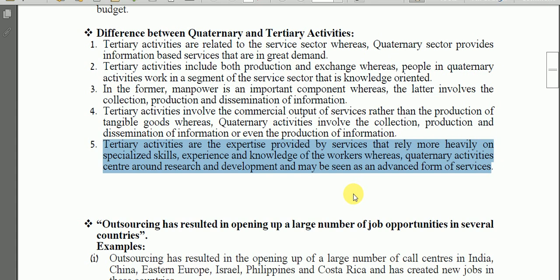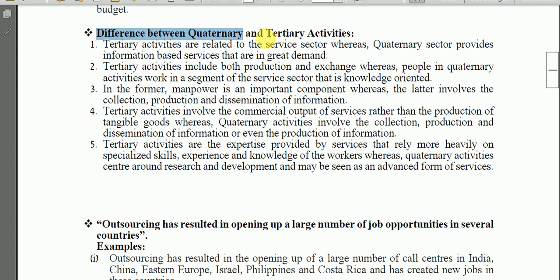Actually, these points should have been discussed as soon as the meaning of quaternary activities was discussed. However, it is very important to discuss the differences between quaternary and tertiary activities.